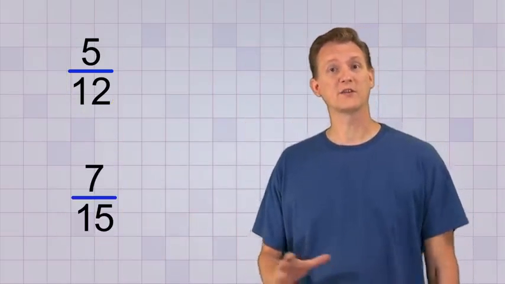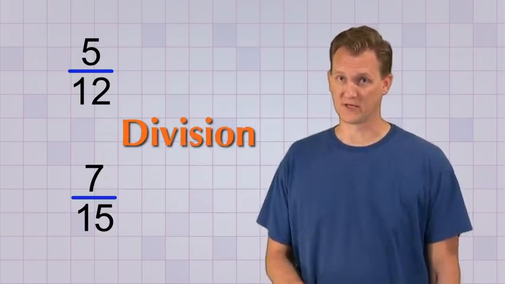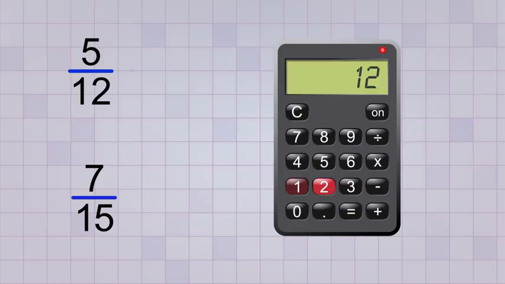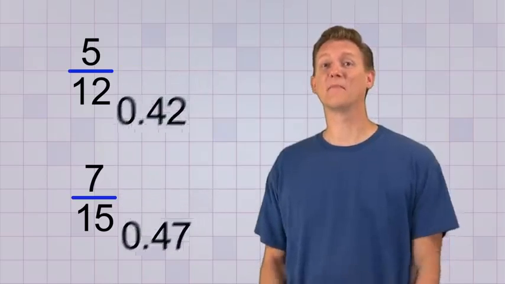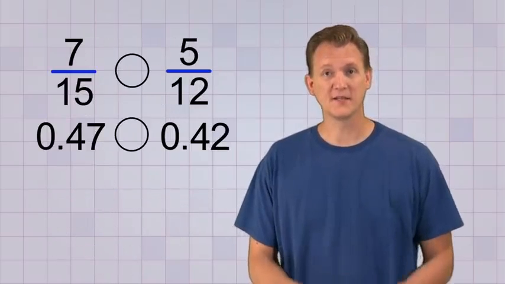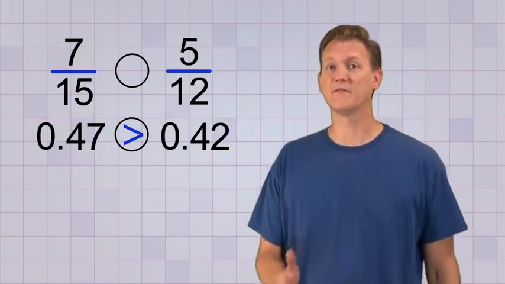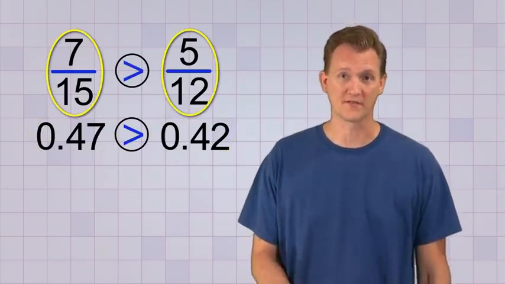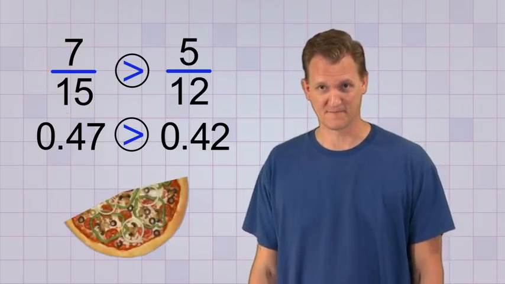If you convert the fractions to decimals by doing division, it will make it much easier to see which one's bigger. 5 divided by 12 is about 0.42, and 7 divided by 15 is about 0.47. Yep, that makes comparing them much easier. Since 0.47 is greater than 0.42, it means that 7/15 is greater than 5/12, and that means that you'd rather have 7/15 of the pizza.